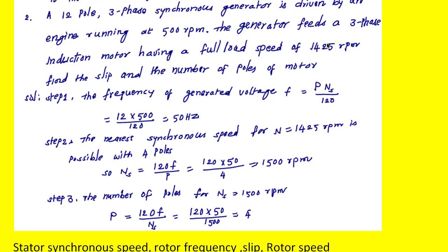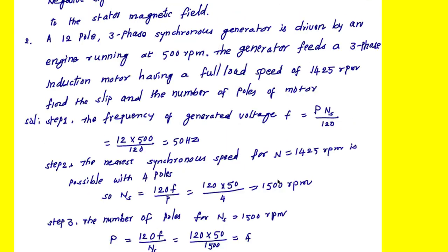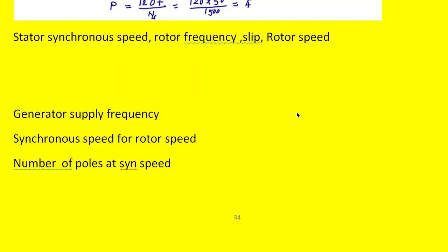If you look at this, the 1500 rpm synchronous speed and the rotor speed 1425 are very near to each other. So this is the actual synchronous speed of the three-phase induction motor. Then what did he ask? What is the slip? Number of poles calculated.